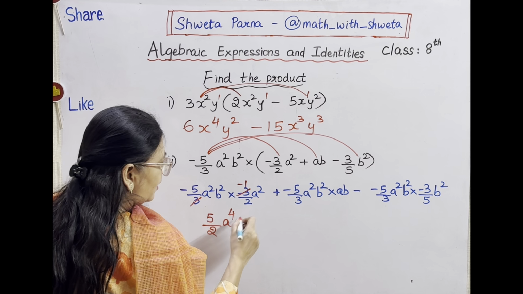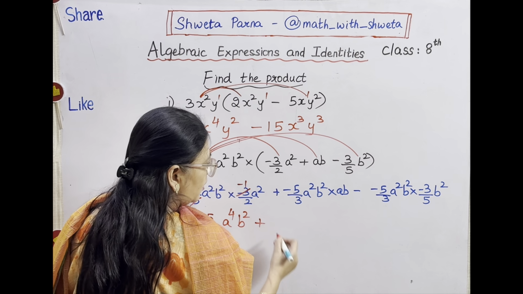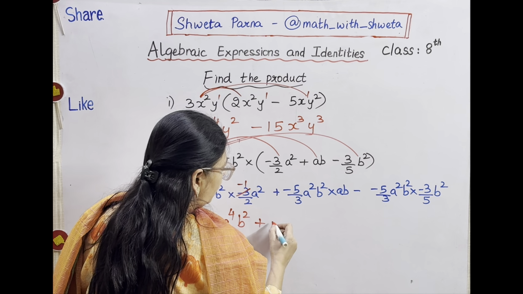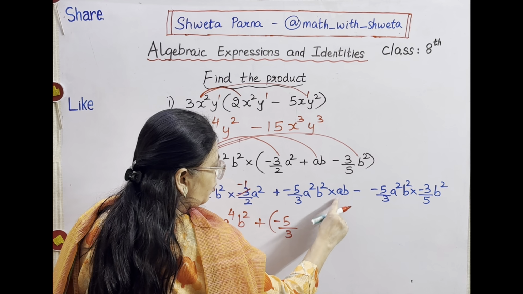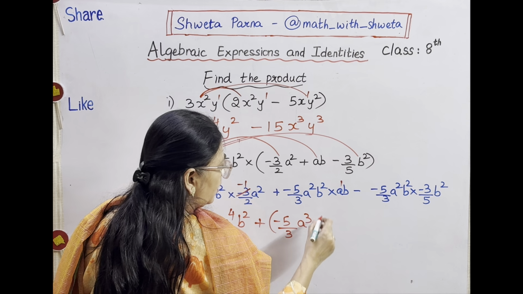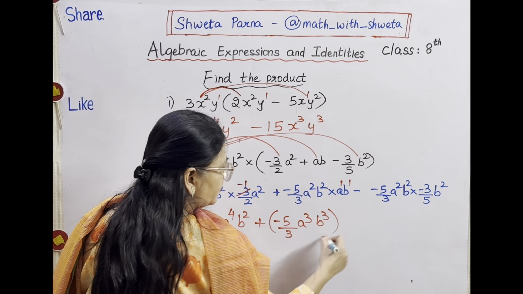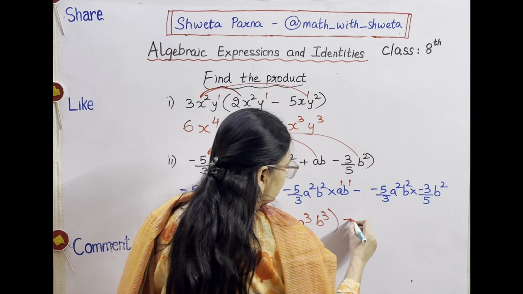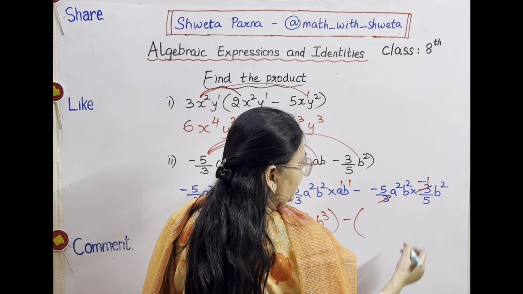B square, there is nothing, so write here b square. Plus, nothing can be cut, so you will write it as minus 5 upon 3. A square into a raised to 1 will be a cube. B square into b raised to 1 is b cube. Clear?